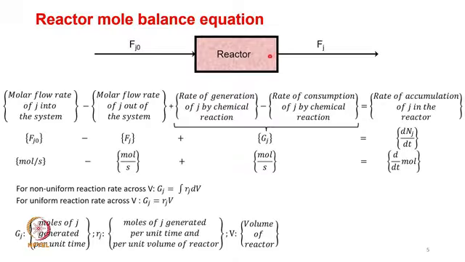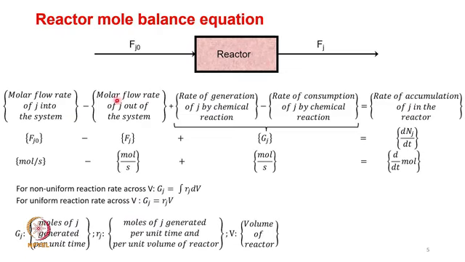So now let's write the balance equation for the reactor. Molar flow rate of J into the system, where J is the component, minus molar flow rate of J out of the system, input minus output. And the next part is the generation of J by chemical reaction and consumption of J by chemical reactions. These are the four things that can happen inside the reactor.